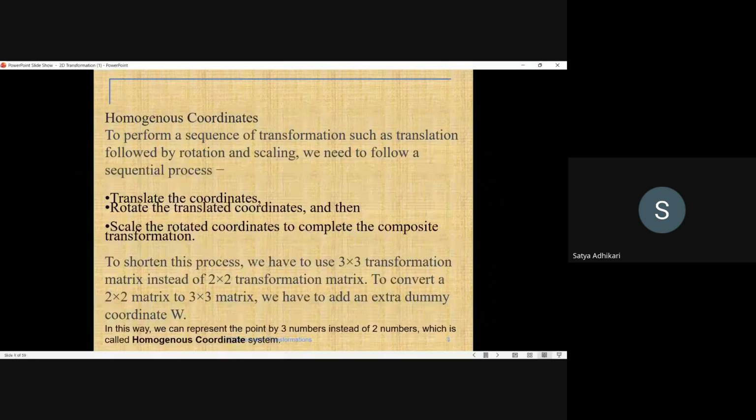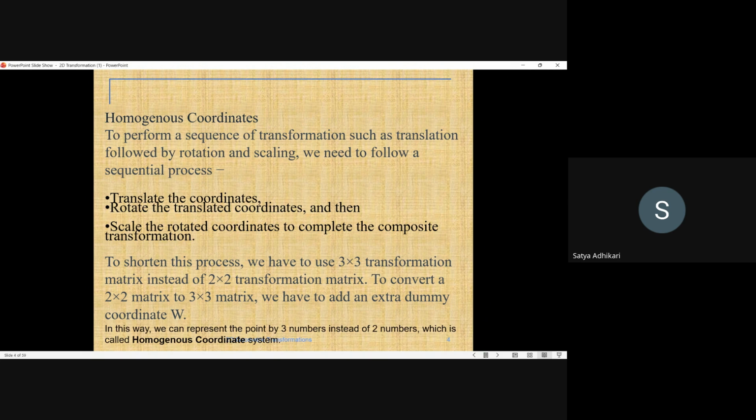Homogeneous coordinates. To perform a sequence of transformations such as translation followed by rotation and scaling, we need the following process.